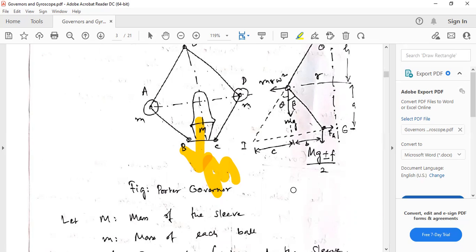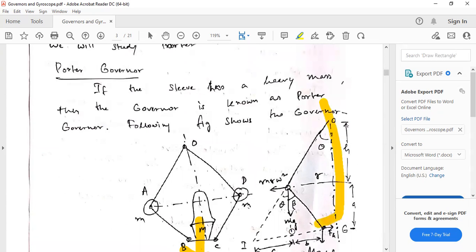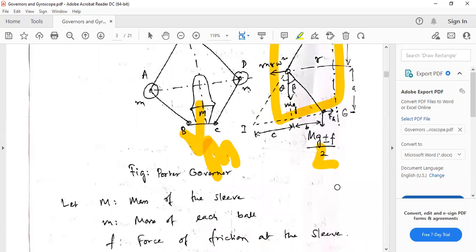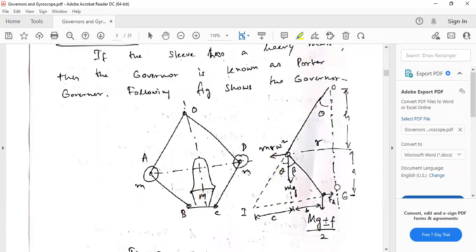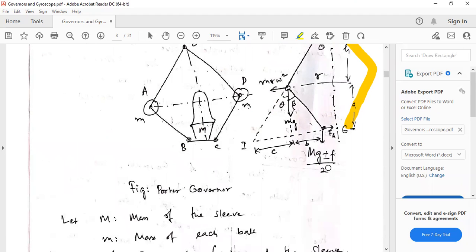Now divided by 2, because we have taken the half portion here. The other half portion is on the other side, which is not shown. We are calculating the half portion only, so that's why we have divided equally.